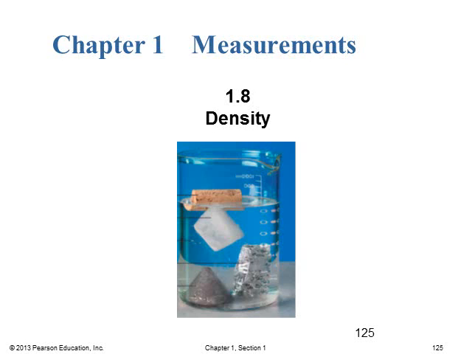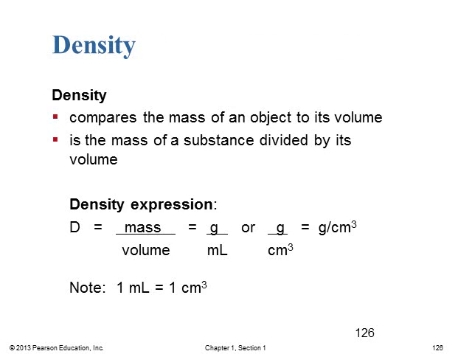We will talk about density now. Density is just a comparison of an object's mass to its volume. So if something is dense, it has a lot of mass in a small amount of volume. If something is very non-dense, then it has a very small amount of mass in a large volume.